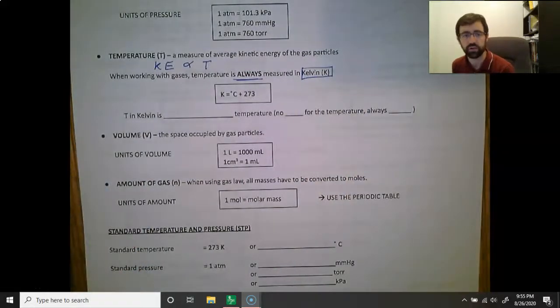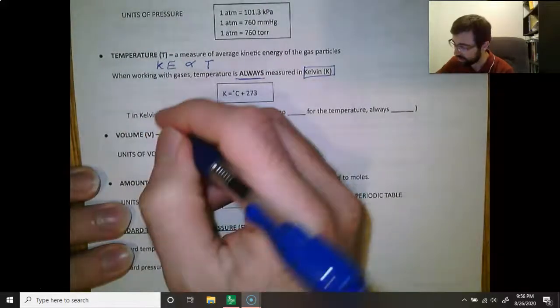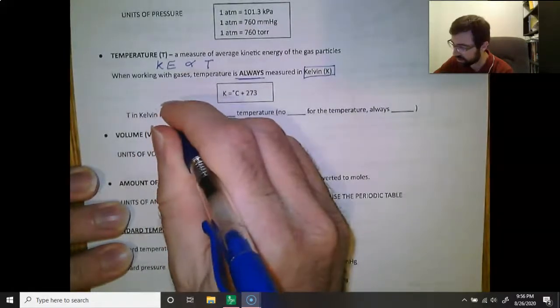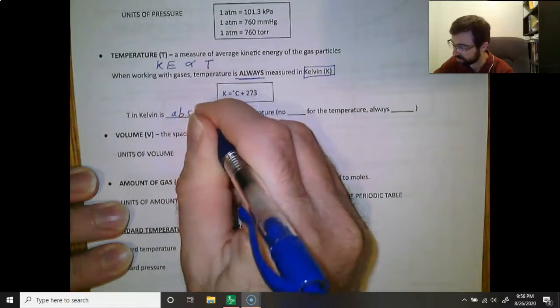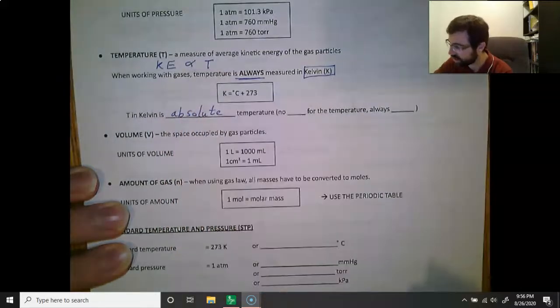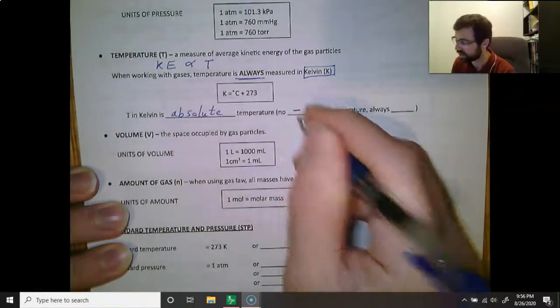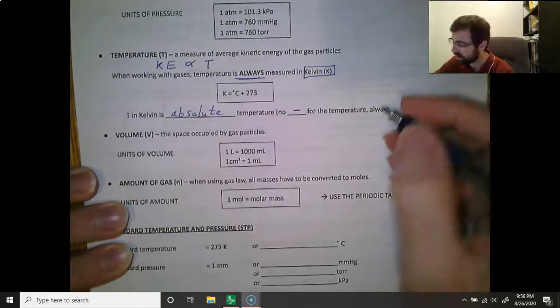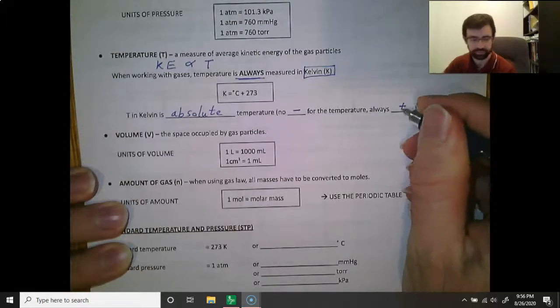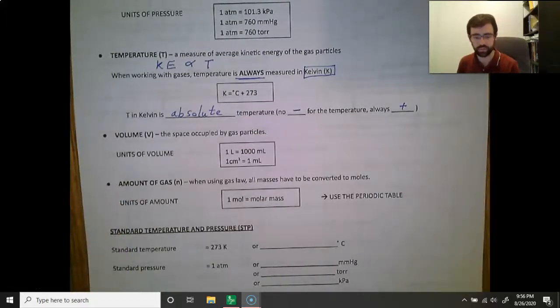The way to convert to Kelvin is by adding 273 to your degrees Celsius. Temperature in Kelvin is absolute temperature. We call that absolute. So that means that there are no negative temperatures. They're always going to be positive. Okay.